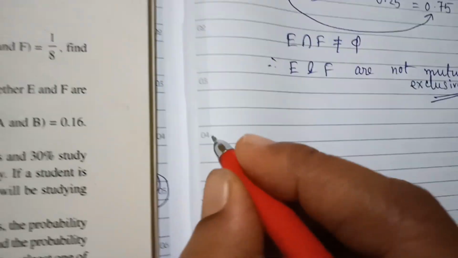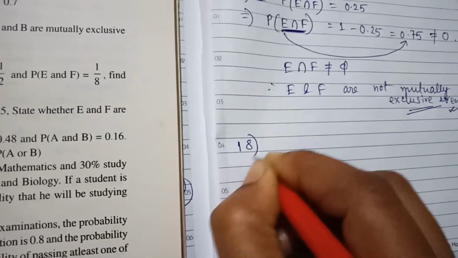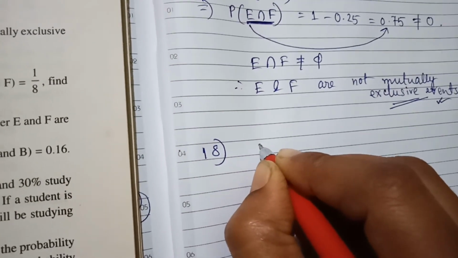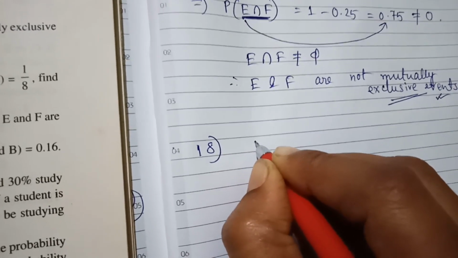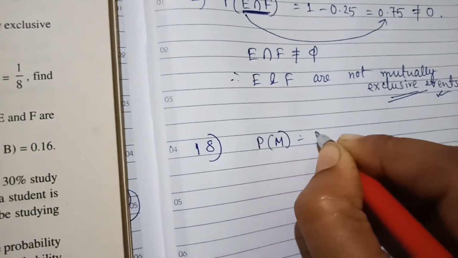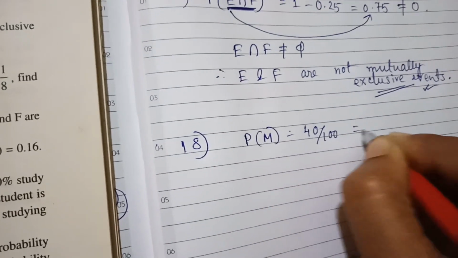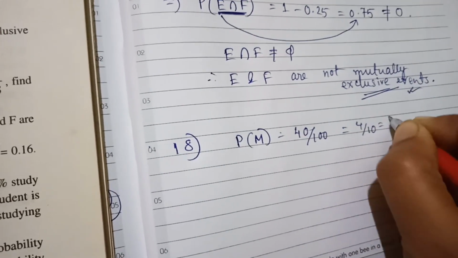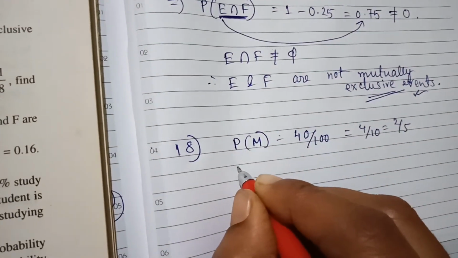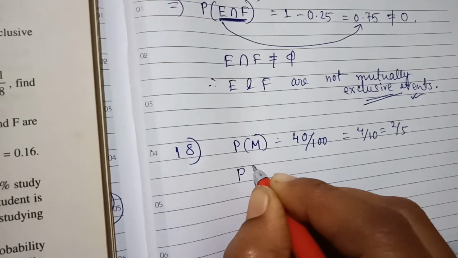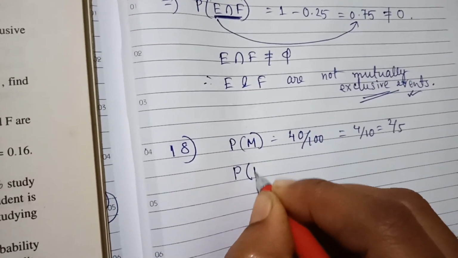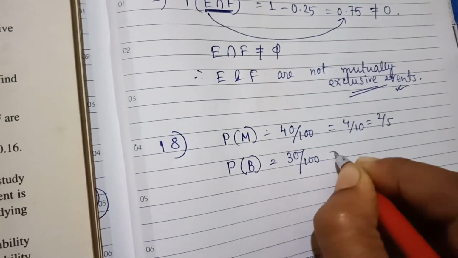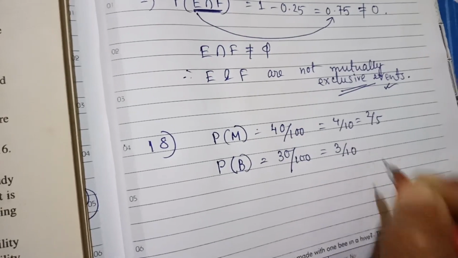So what is given for question number 18? Taking mathematics as the event M, P of M equals 40 by 100, that means 4 by 10, that means 2 by 5. And studying biology, taking the event as B, P of B equals 30 by 100, that means 3 by 10.